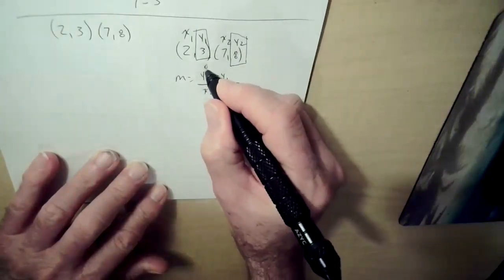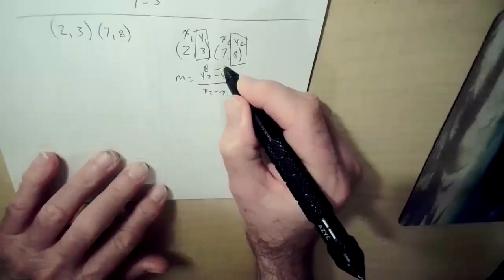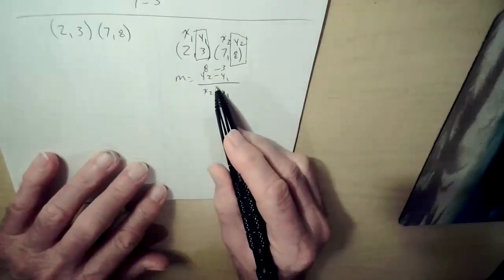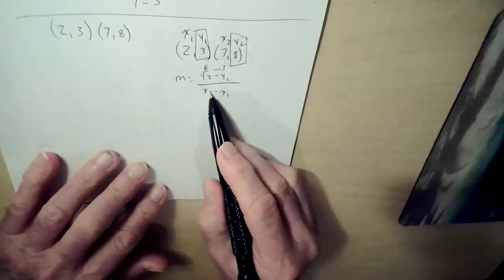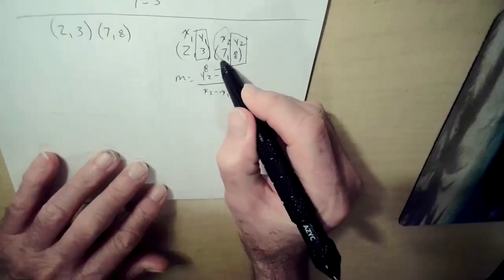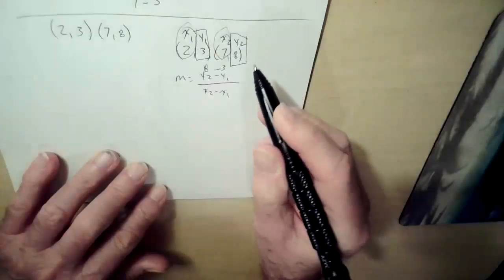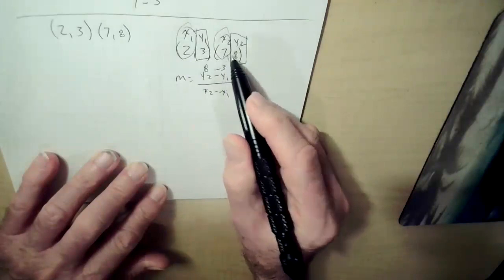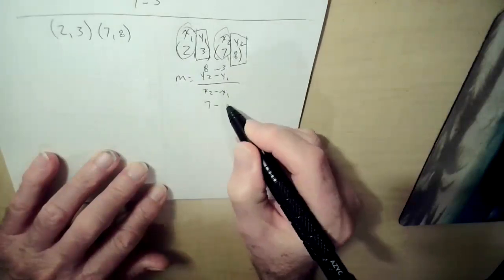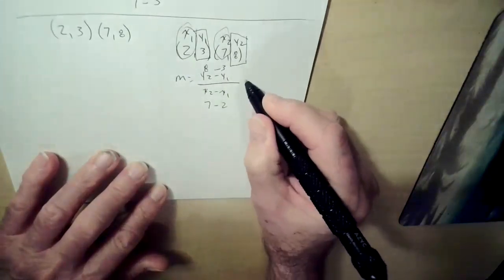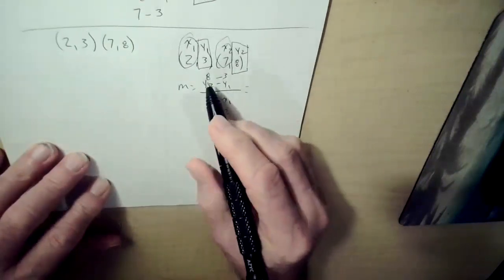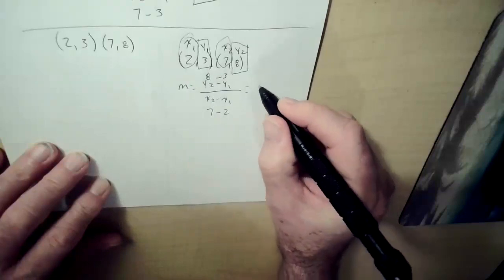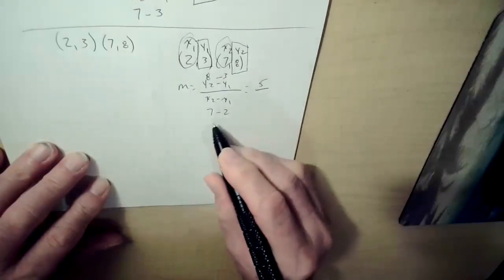Okay, y2 is this one. y1 is this one. So y2, which is 8, minus 3. Bear with me here. Okay, 8 minus 3 over x2 is 7 minus 2.